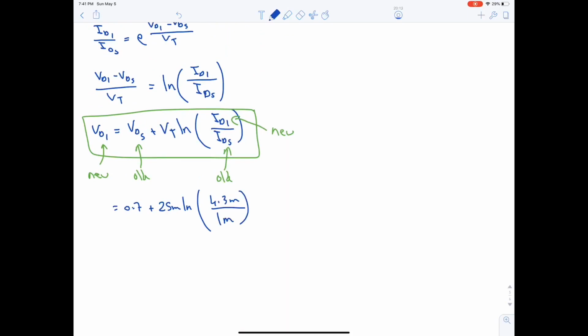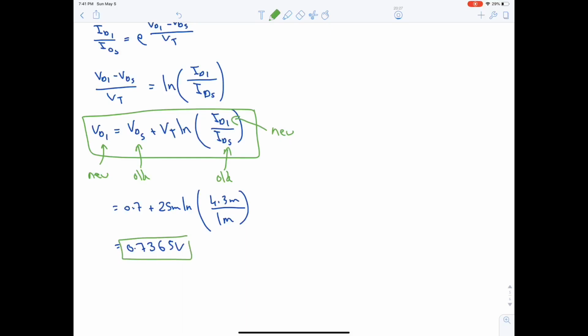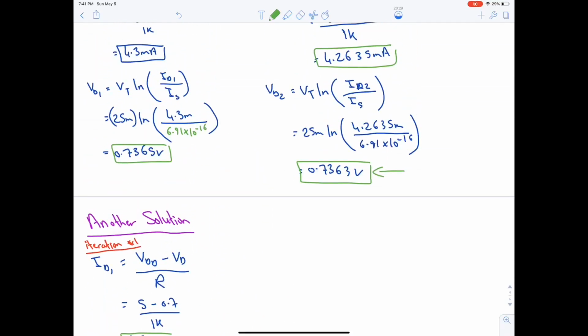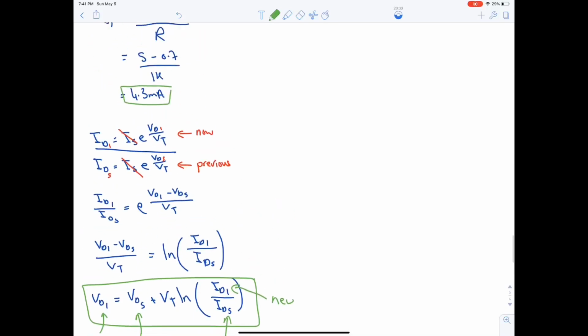Plugging this in the calculator will give you 0.7365 volt, which is the same as the previous solution. Now we found VD1. We're done with the first iteration.